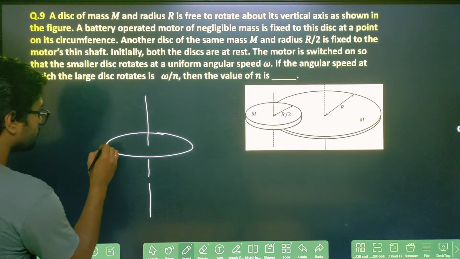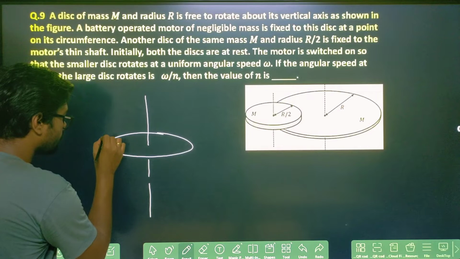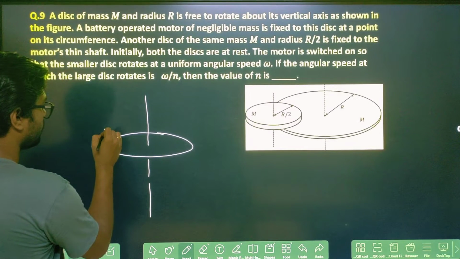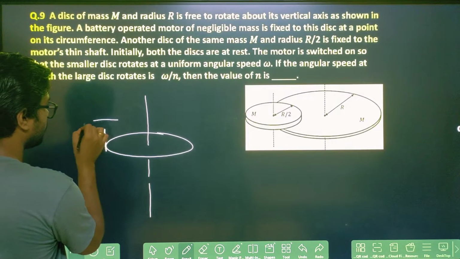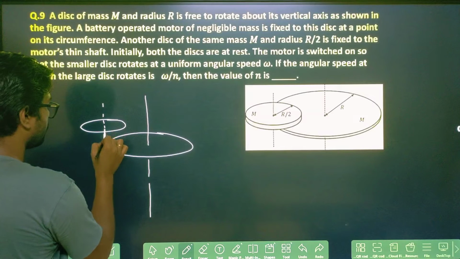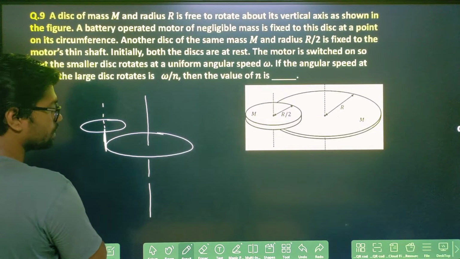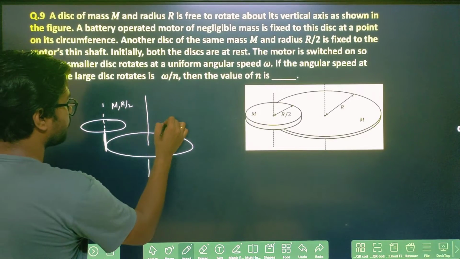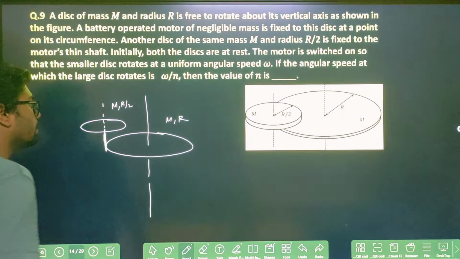And on this surface there is a motor connected here, right? And on this motor there is another disc rotating. This motor is connected to this disc and this disc has mass m, radius is r by 2. Clear?